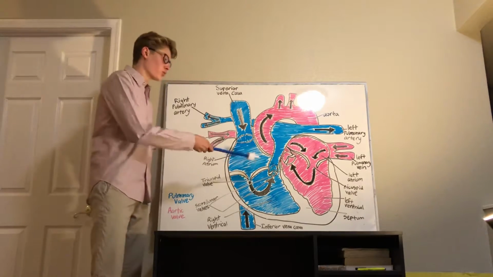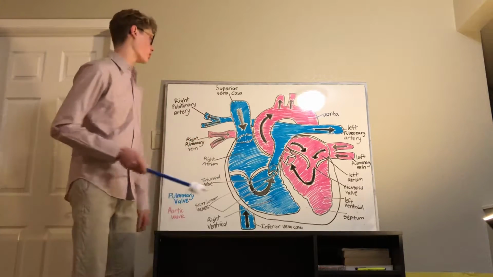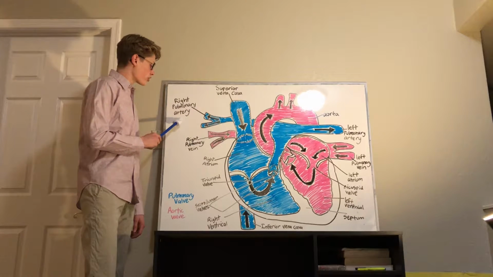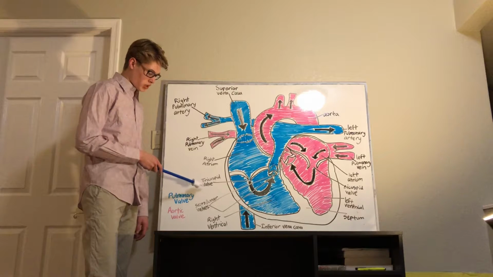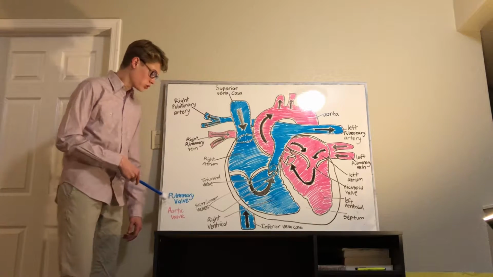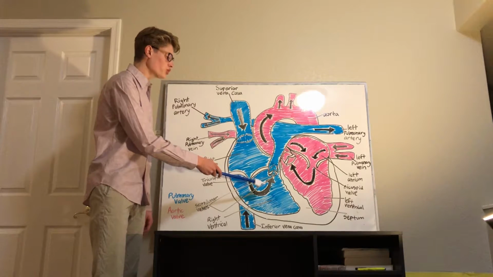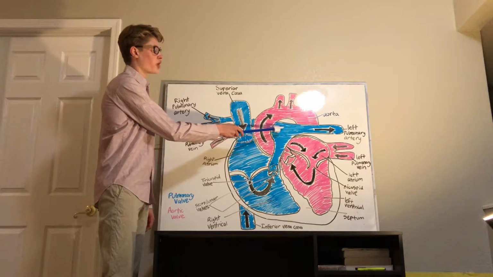Today, we're going to be talking about the heart. Now, the parts of the heart are the superior vena cava, the right pulmonary artery, the right pulmonary vein, the right atrium, tricuspid valve, semilunar valves, there are two of them, the pulmonary valve, which allows for the blood to travel through the right ventricle into the pulmonary artery.